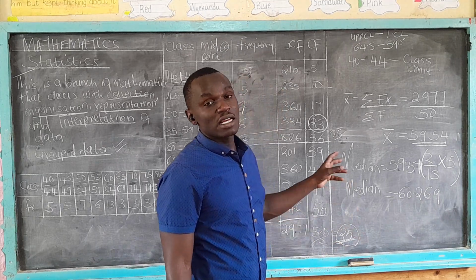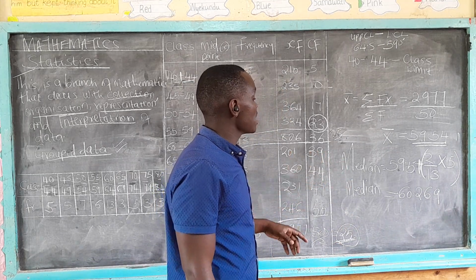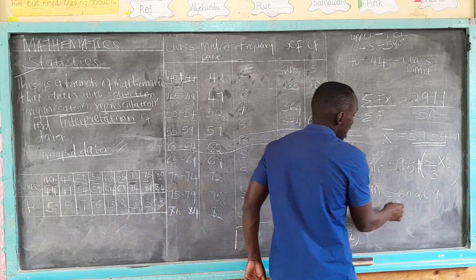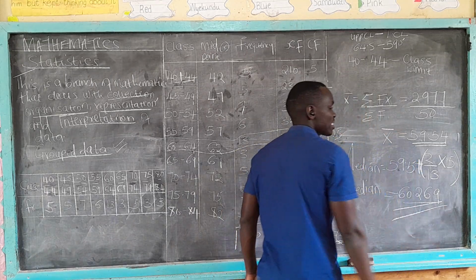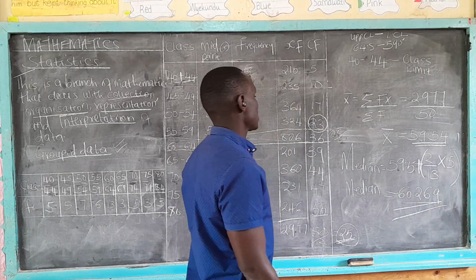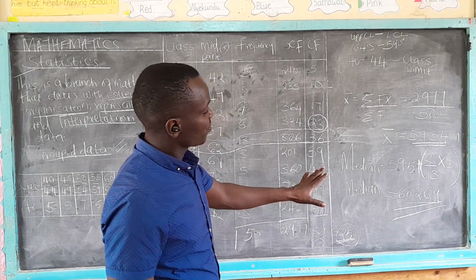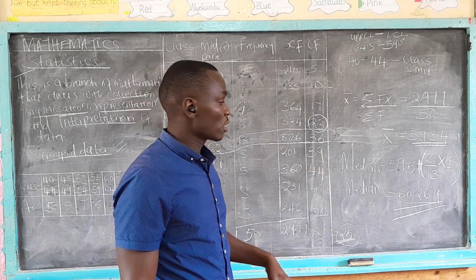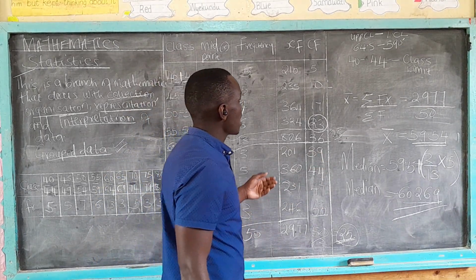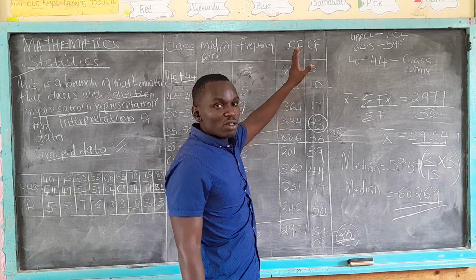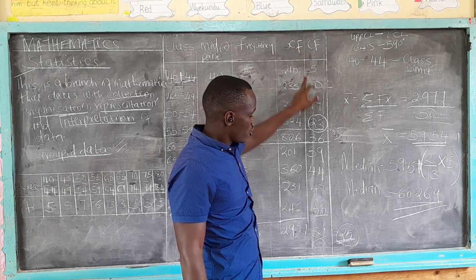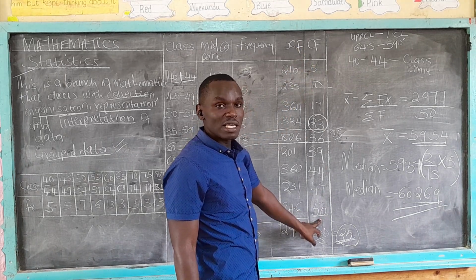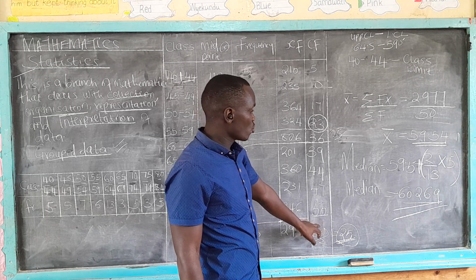So guys, that is how you calculate the median anytime you are asked to calculate the median in statistics. In this section, I hope you have understood how to calculate it. You come to the cumulative frequency, get the total, and divide it by 2.